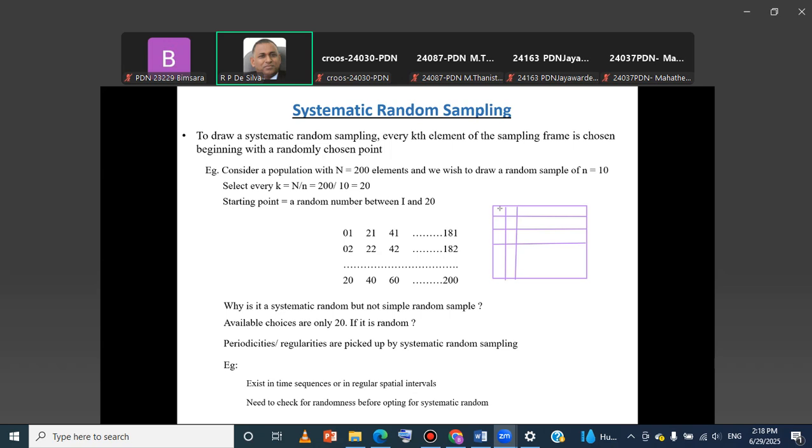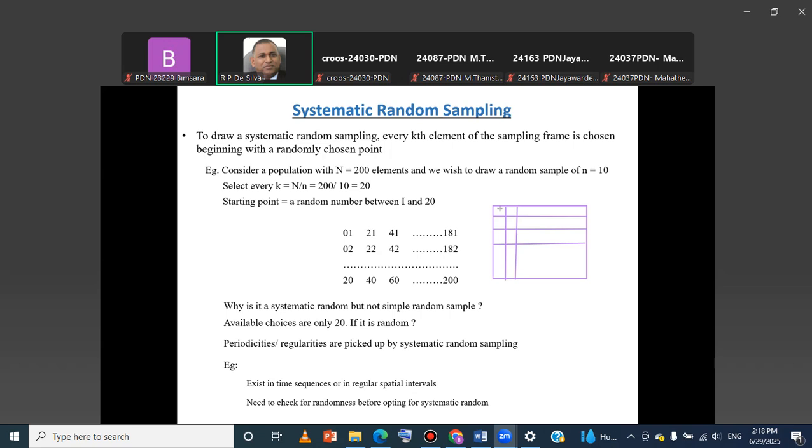Why is it systematic random but not simple random? Available choices are only 20. If it is random, you have an available choice of 200. So when you do systematic random sampling, your available choices are significantly reduced.